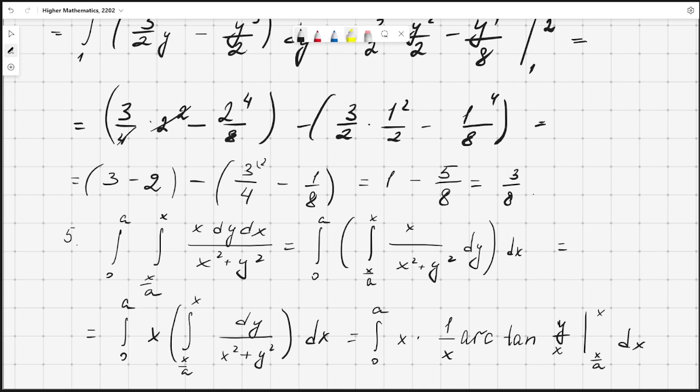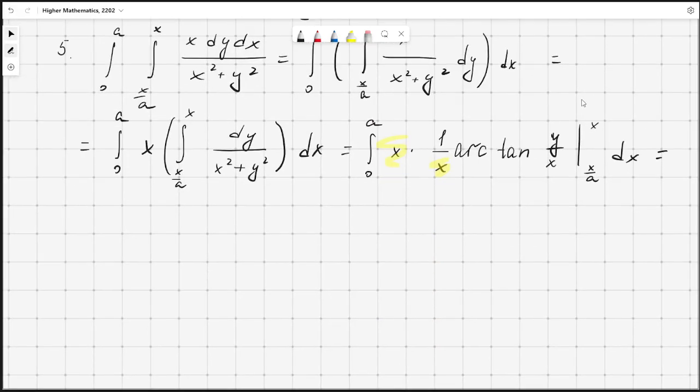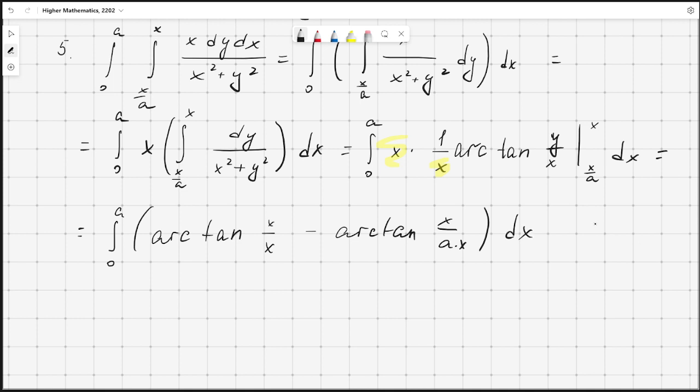We can cut x out and we will have integral from 0 to a of arctangent of x over x minus arctangent of x over a over x with respect to x.